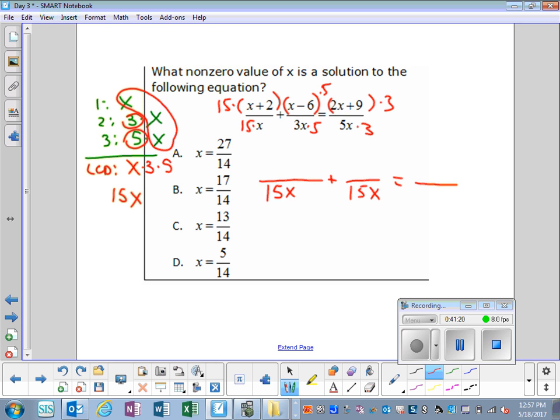The numerators are 15x plus 13 plus 5x minus 13 equals 6x plus 27. I'm distributing them.